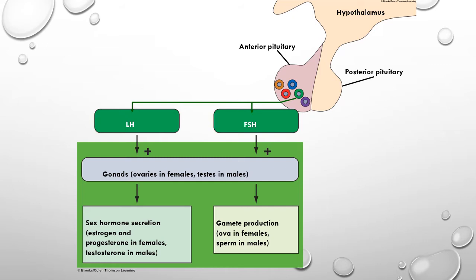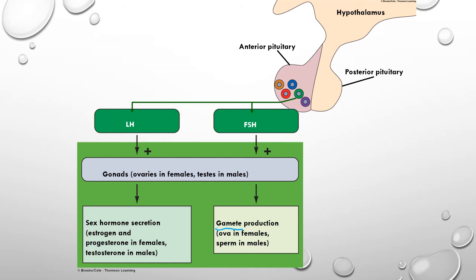Luteinizing hormone and follicle stimulating hormone are LH and FSH. We have both of them being released. They're going to do essentially kind of the same thing in both the male and the female. When it comes to follicle stimulating hormone, we think about the gametes. And so this is either going to be producing the oocytes or sperm cells in males.